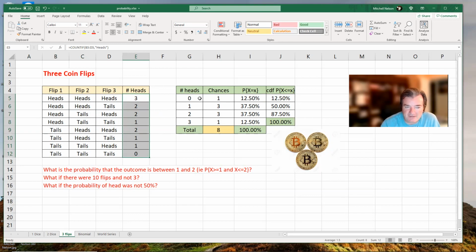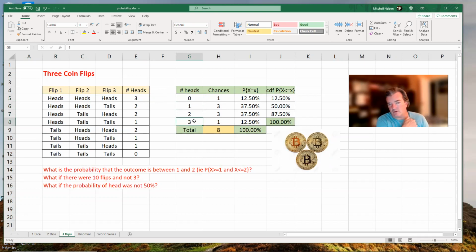Now I'm over here consolidating the data. And this is what you have to do as a data scientist. You have to take the application, flipping coins and counting up heads, and now consolidate it into the possible outcomes. So we could have 0 heads, we could have 1 head, we could have 2 heads, or we could have 3 heads.